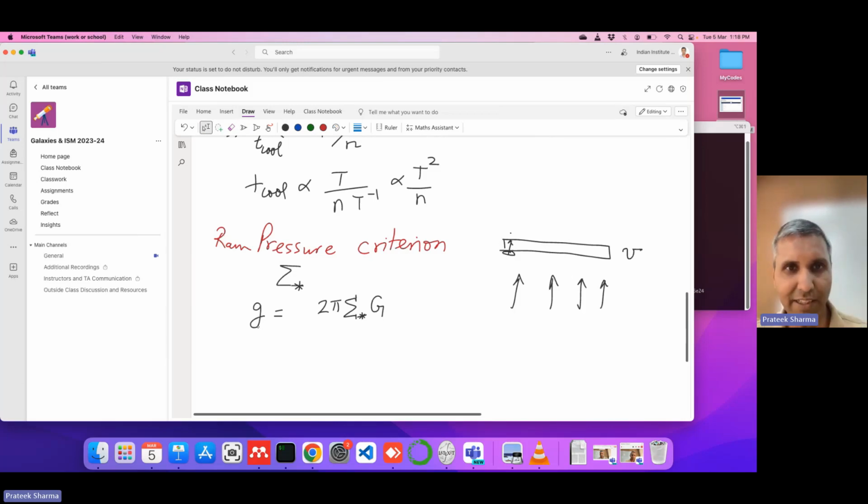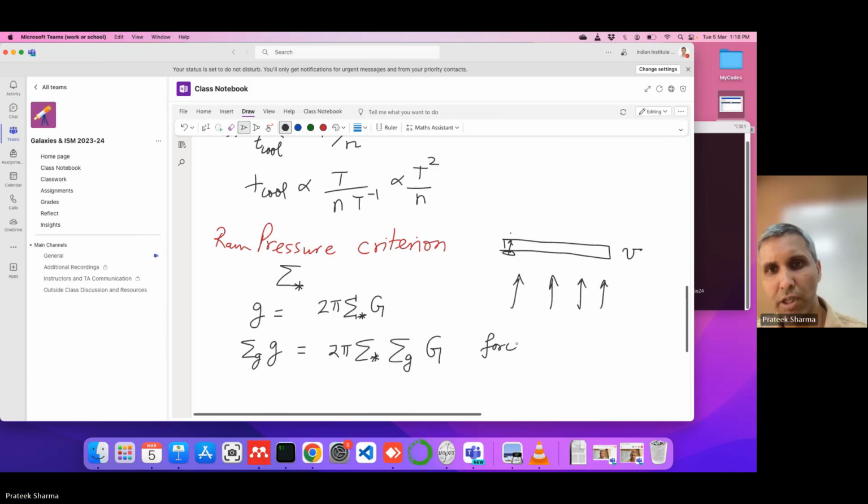So this is the acceleration due to gravity, and sigma g is the gas surface density. That's just 2 pi sigma star sigma g times capital G. So this is force per unit area, and this is mass per unit area. Mass times G is force, and so sigma times G is force per unit area.